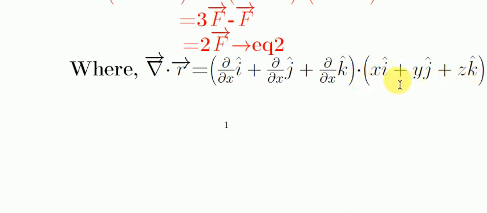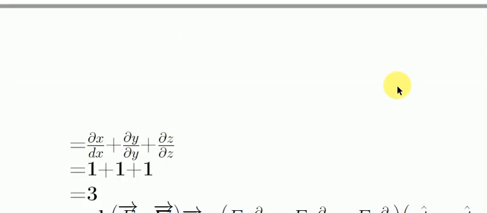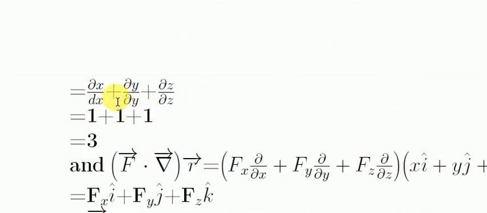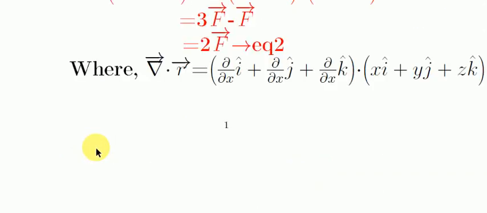This is the position vector r. In place of r vector we can write this, and del/del x plus del/del y plus del/del z gives 1 plus 1 plus 1, which equals 3. So del dot r is 3.